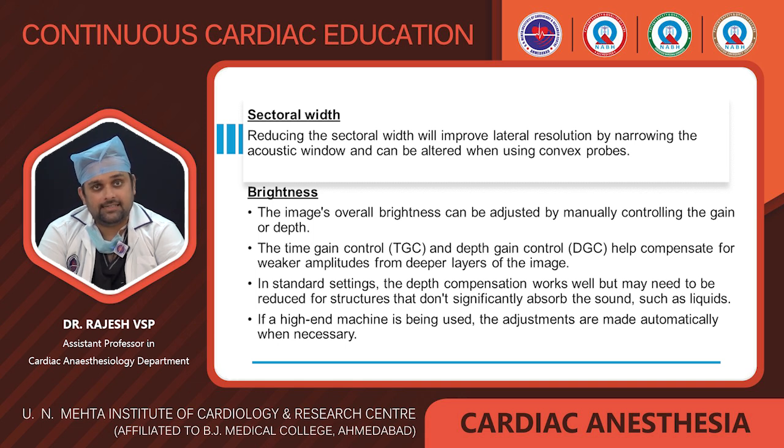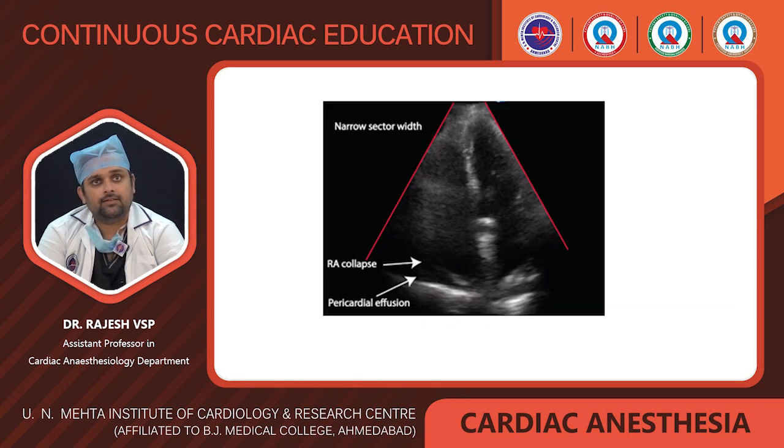In standard settings, the depth compensation works well but may need to be reduced for structures that don't significantly absorb the sound, such as liquids. If a high-end machine is being used, these adjustments are made automatically when necessary. This is where we can see that in narrow sector width, the RA seems to get collapsed due to pericardial effusion.